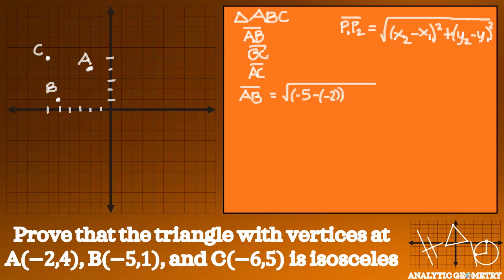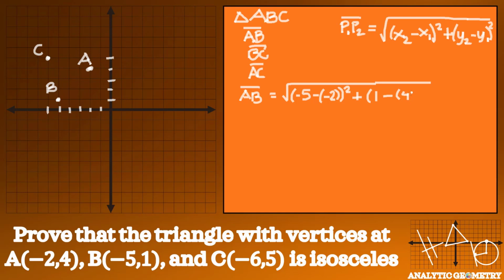Please don't forget to enclose it in parentheses so that you could apply the correct operations. Plus, you will have here for your y. Take note that we started with B as our point 2. So our y sub 2 is 1 minus our y sub 1, which is 4.